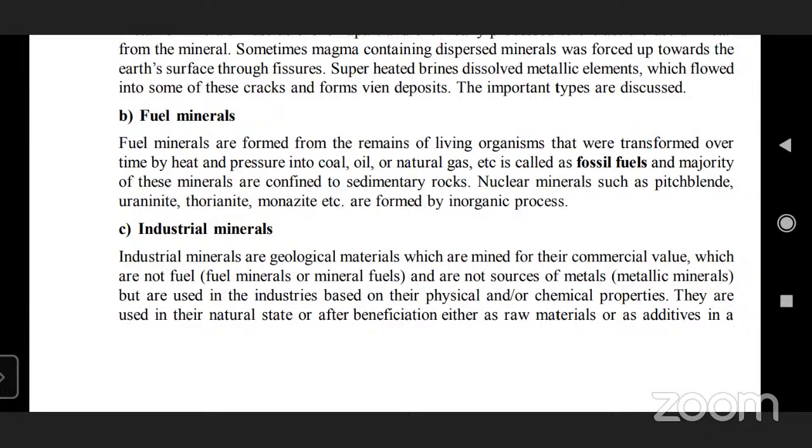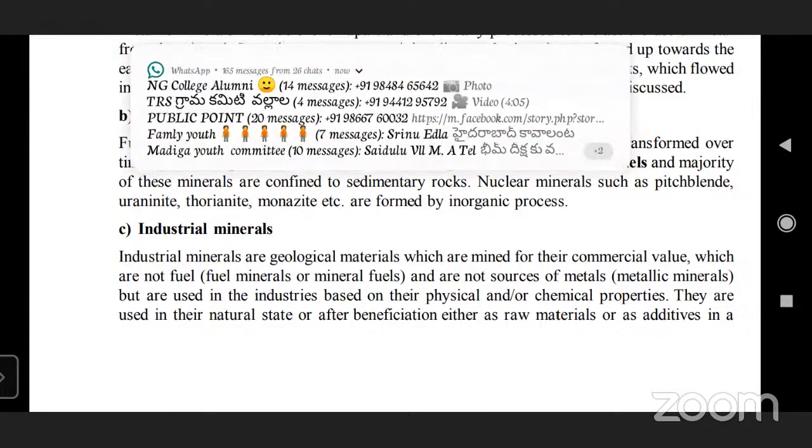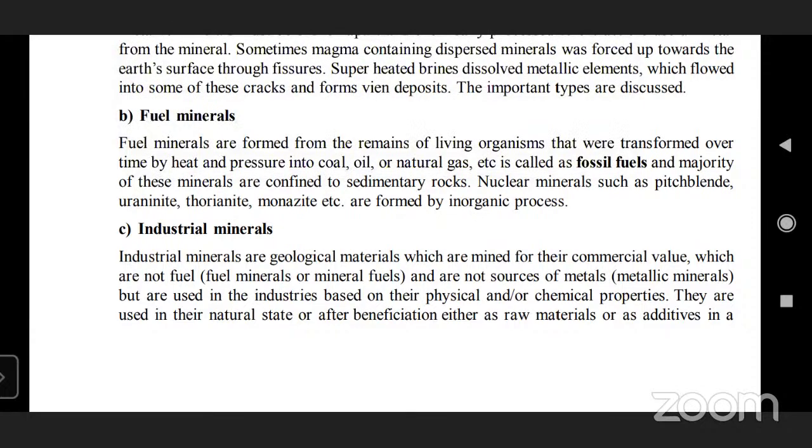What is the chemical property of that geological material? What is the physical property of that material? Based on that, they are used in various industries.